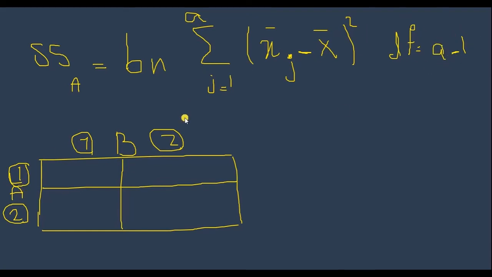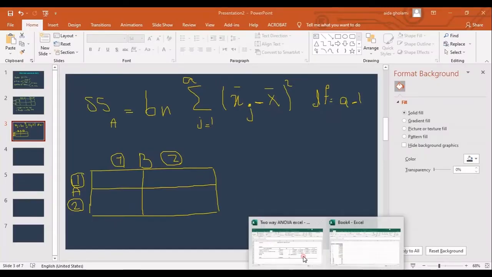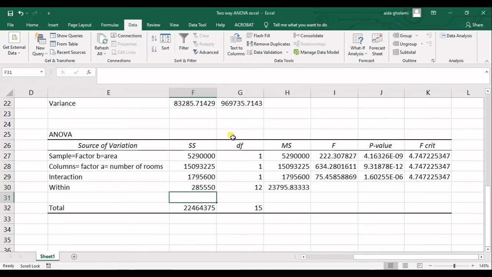Okay, so then let's get into the Excel file. So we had SS for factor A, which is here, and we saw how this number is produced.